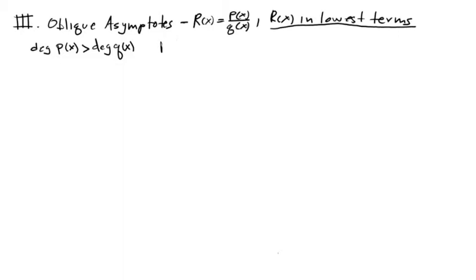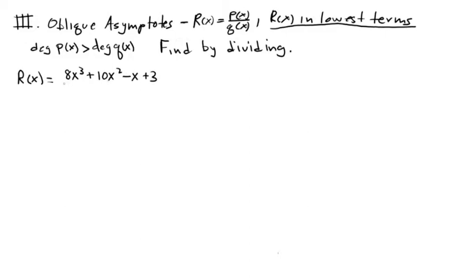Now we find an oblique asymptote by dividing. You can refer back to the video on polynomial long division for the details if you need a refresher. But let's say I have a rational function, 8x to the third plus 10x squared minus x plus 3 on top.